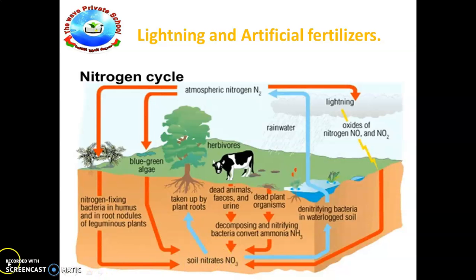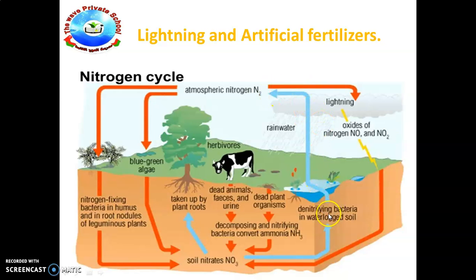So, the bacteria which complete the nitrogen cycle are called denitrifying bacteria. This is the denitrifying bacteria which converts nitrates and ammonia in the soil into nitrogen gas, which goes into the atmosphere like this.